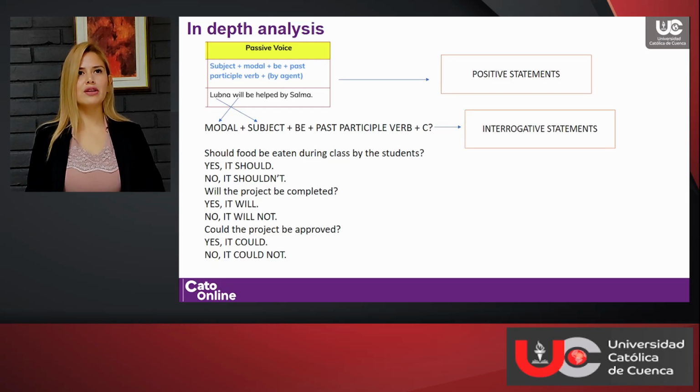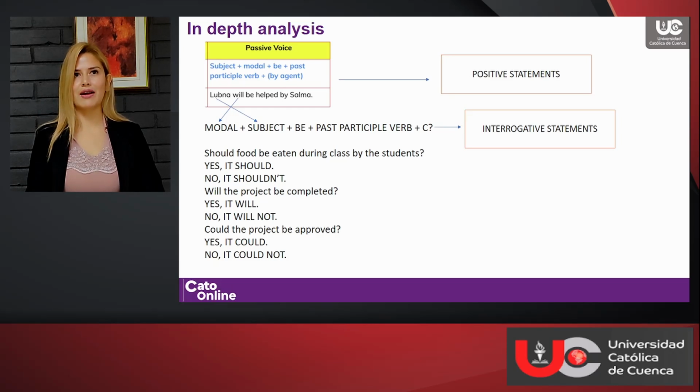As we can see in this example, Luna will be helped by Salma. In this case, we use will in first place, Luna is the subject, be is the verb to be, helped is the verb in past participle, and the last part, complement.